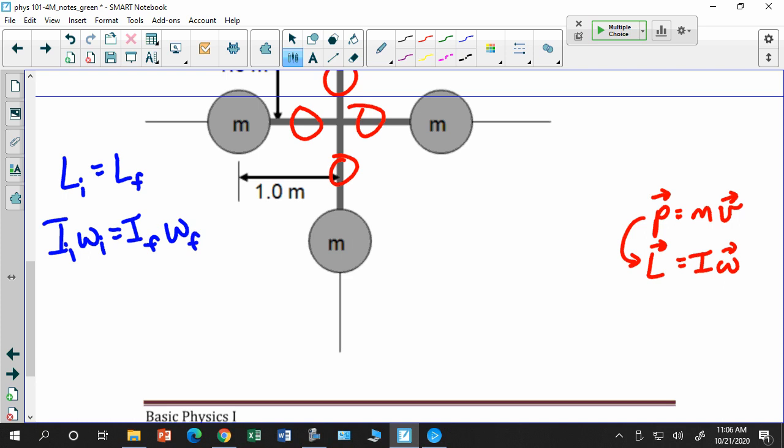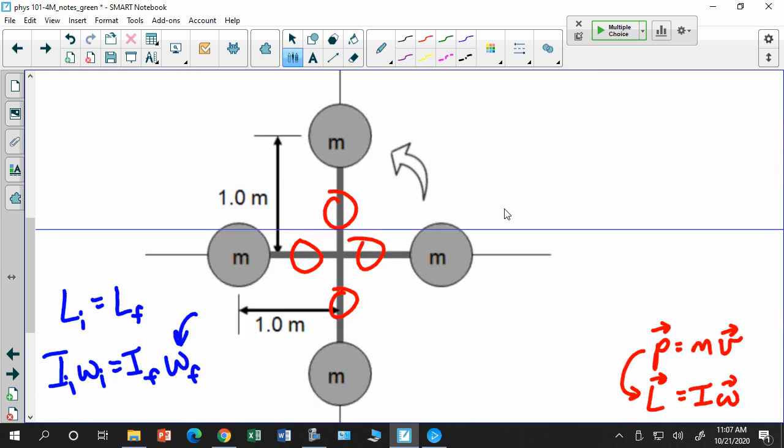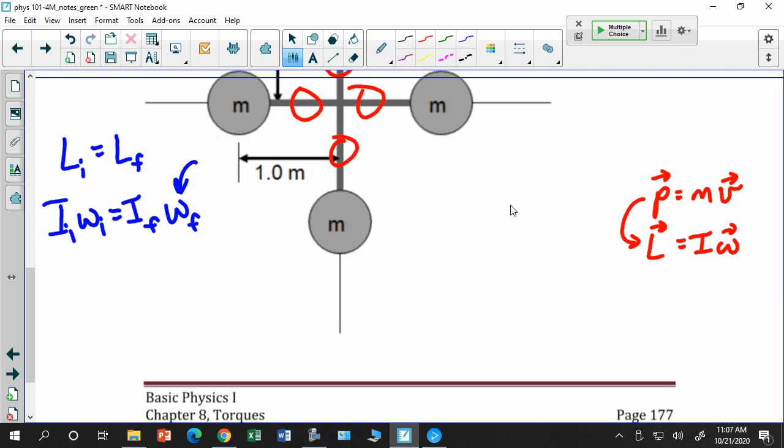And I'm looking for this quantity. What is the final speed? Omega initial is 2 revolutions per second. And I initial is going to be mr squared. So m times 1 squared, and there are 4 of those bodies. These are just discrete particles. I treat them as such. Times omega, which is 2 revolutions per second.